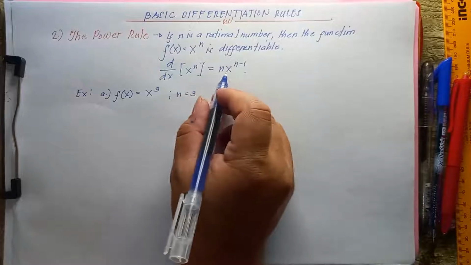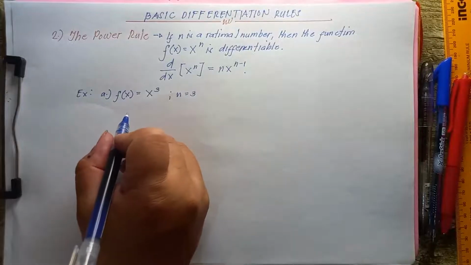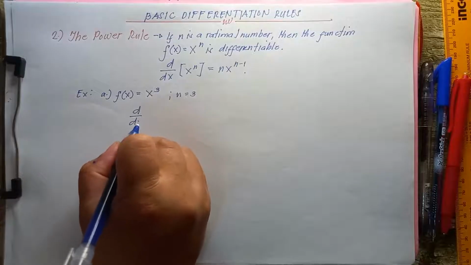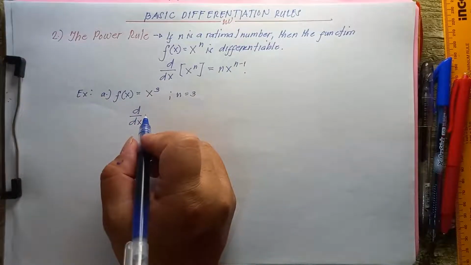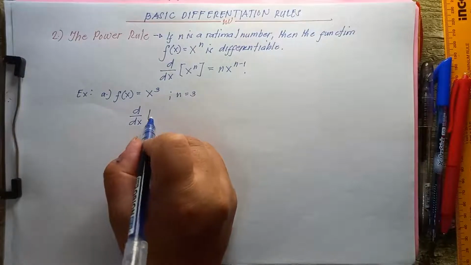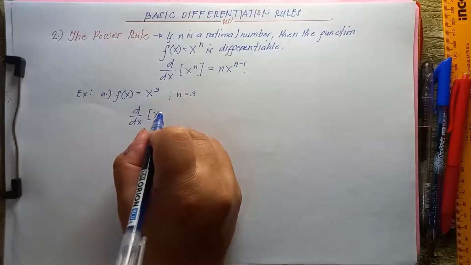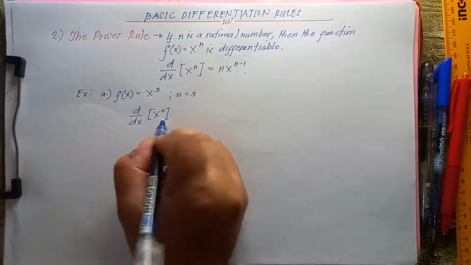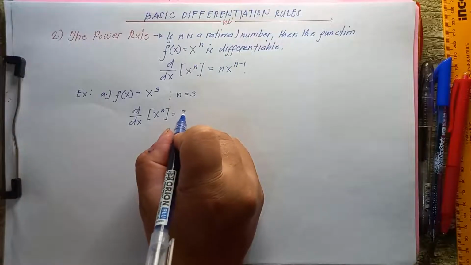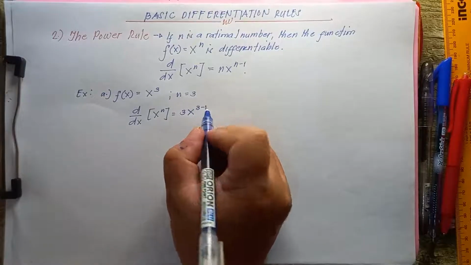Now applying this power rule, to get the derivative, we can have d over dx of x raised to n is the same as 3x raised to 3 minus 1.